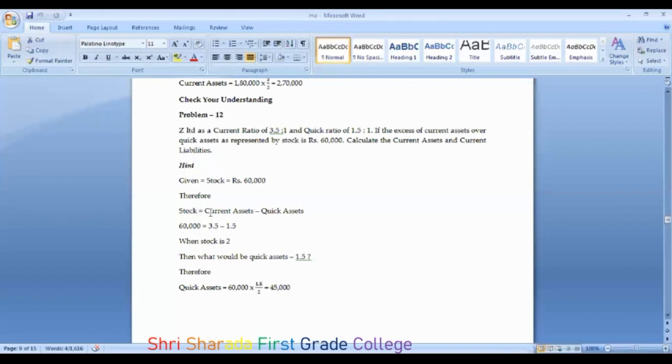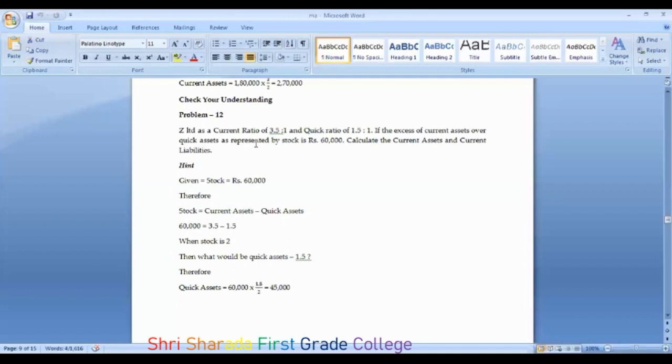Current assets includes all the assets, whereas the quick assets includes all the assets except the stock as well as the prepaid expenses. Stock information is given, and the current assets as well as the quick assets information is given.